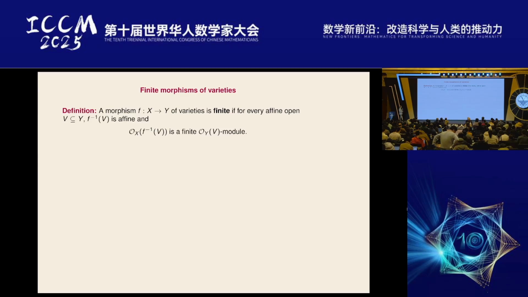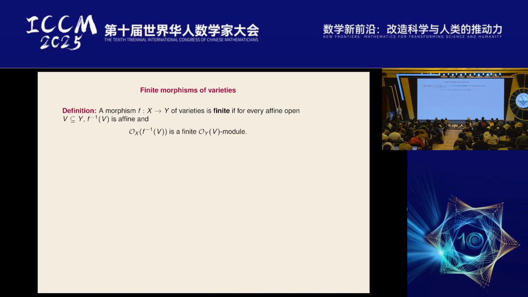If we take a morphism X to Y between algebraic varieties, we say that this is finite if locally, so locally you can take an affine open subset, similar to a disk in a manifold, and you look at the inverse image, we require the inverse image to be affine also. This means it should be given by a ring.